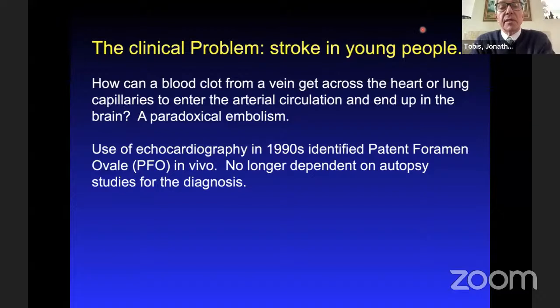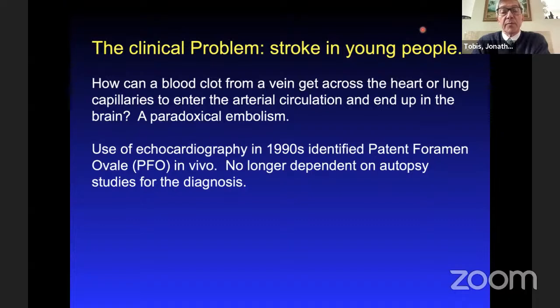Anyway, the clinical problem is stroke occurring in young people, and how can a blood clot from a presumed venous structure get across the heart, bypass the lungs, and wind up in the brain, so-called paradoxical embolism.